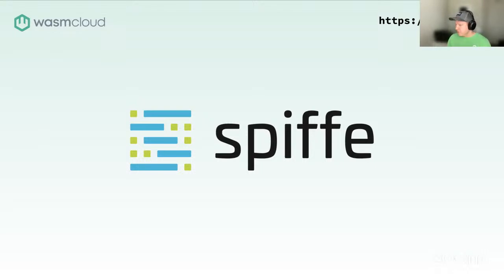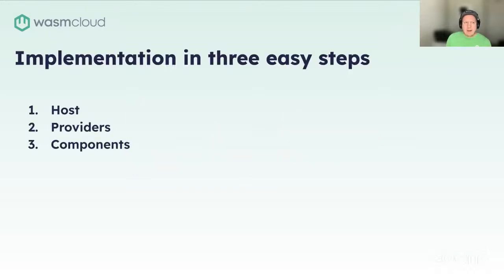And there's a reference implementation in open source called SPIRE. And so my proposal is that we adopt SPIFFE as the standard that we build our workload identity around. And for getting started easily, the SPIRE ecosystem of projects will be very helpful as a way to bootstrap workload identity for wasmCloud.